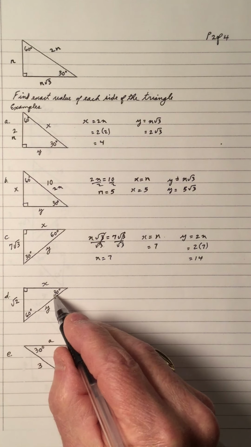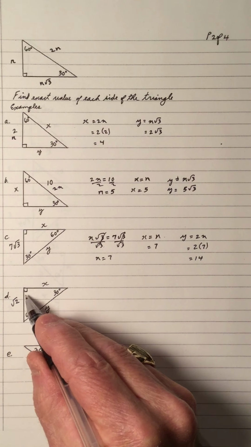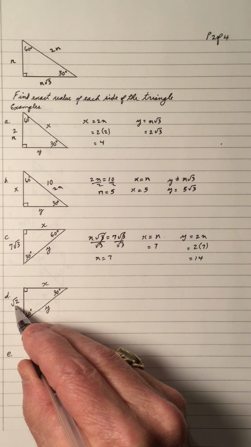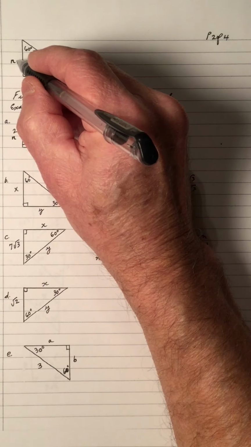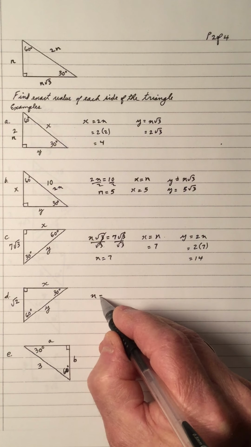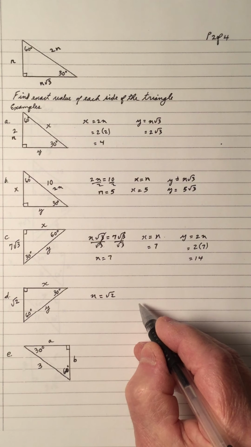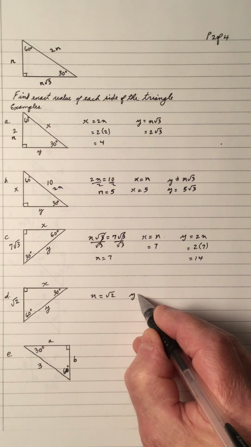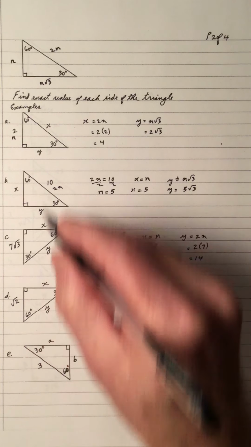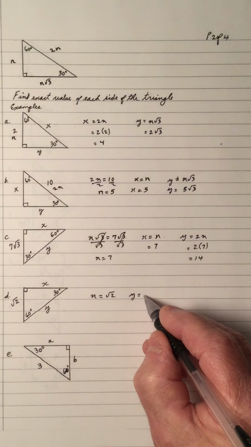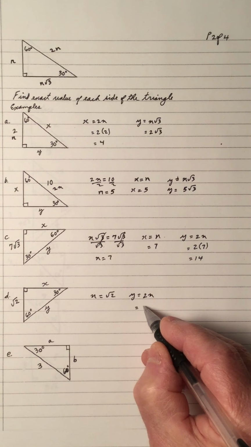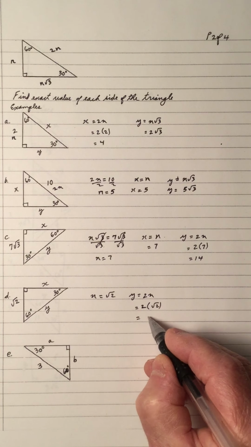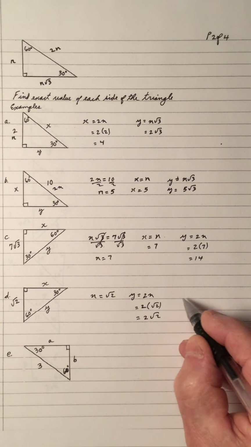So in D, I have a 30, 60, 90 right triangle. Opposite 30, I got root 2. So opposite 30 is n, which means n is root 2. What is y? Y is opposite 90, so y is 2n. N is root 2, so 2 times root 2 is 2 root 2.